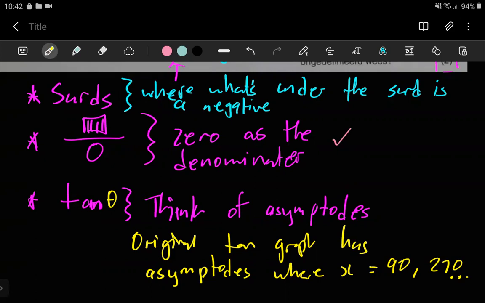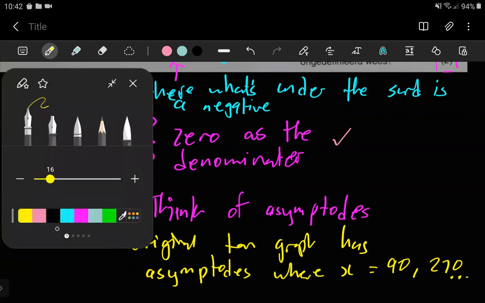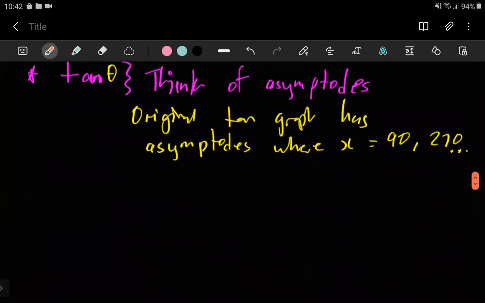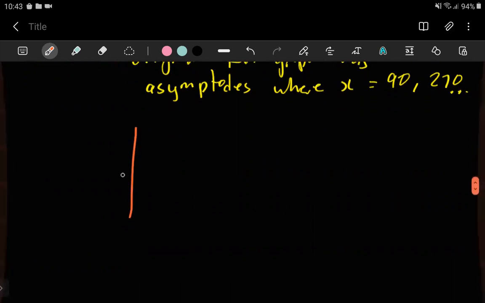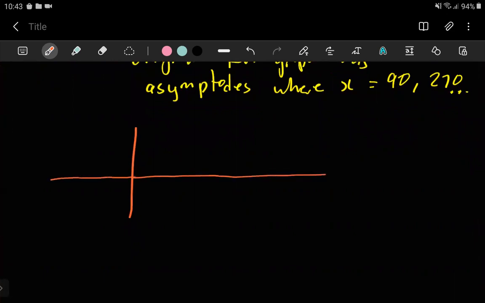So while we're talking now, you have to remember that your asymptotes always split up tan graphs. For example, if we draw something very long here and also a bit to the left, original tan graphs will be spaced out after every 180 degrees.